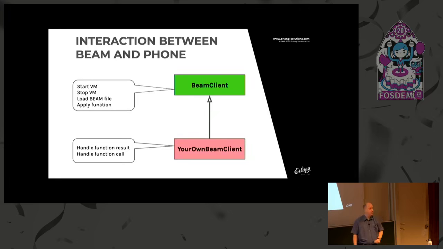What you need to implement yourself is to provide input for which functions and which arguments to apply, provide a way to handle the results of your function calls, and also implement callbacks for your custom function calls from inside the VM to the outside world, to the Android.